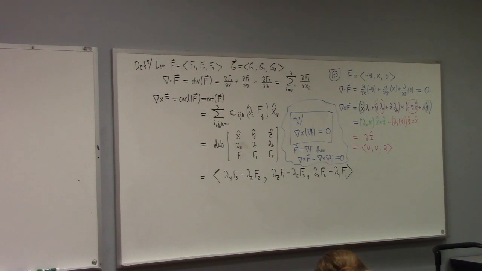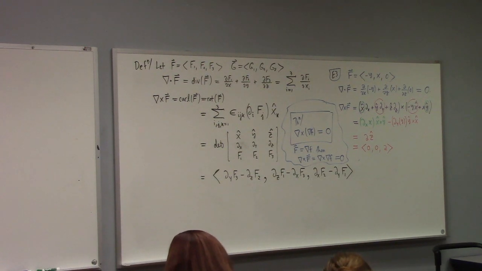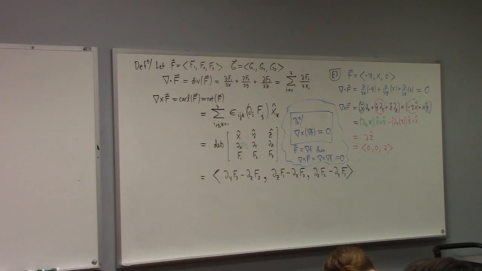So let's say F is equal to, I don't know, cosine of xy, yz plus x squared, and then, how about e to the minus z? Let's calculate the curl and the divergence of this vector field.